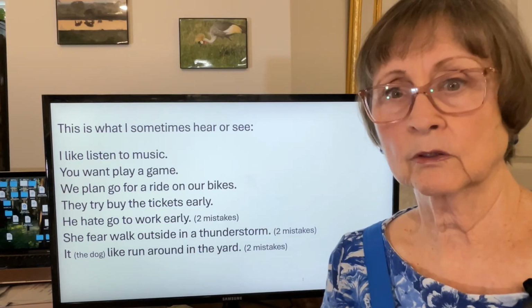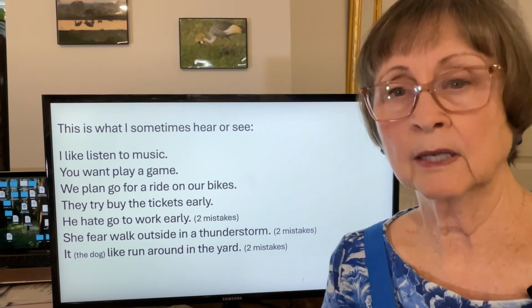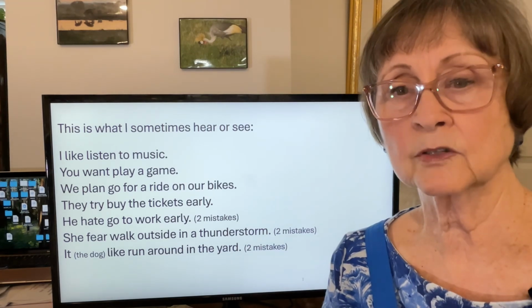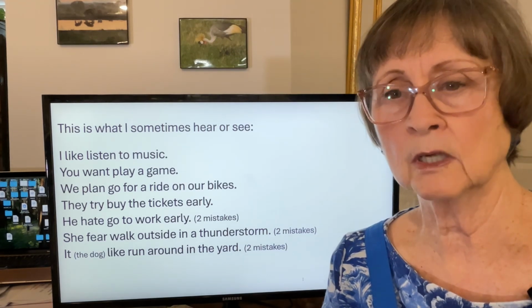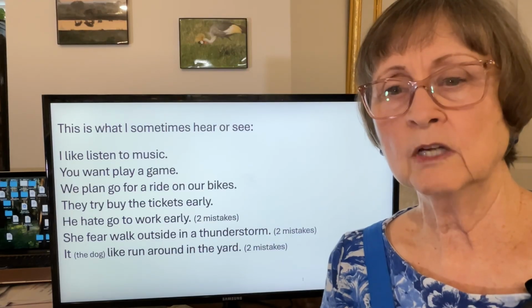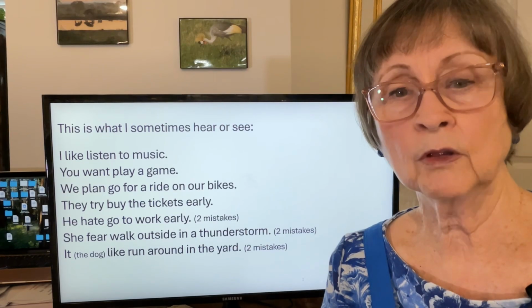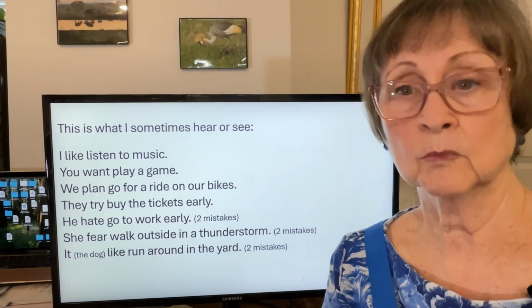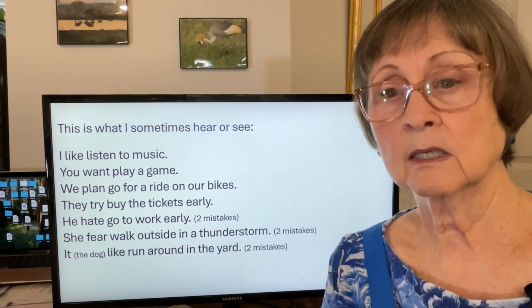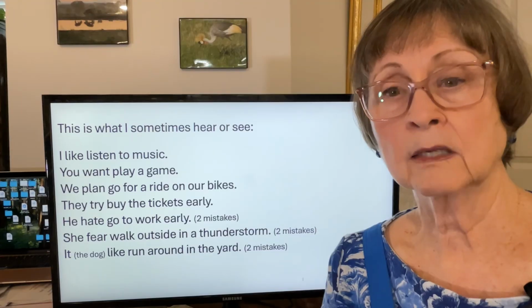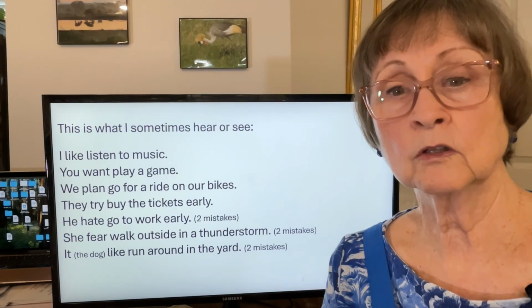He hates go to work early. And there are actually two mistakes in that sentence because of the he, she, it rule. She fear walk outside in a thunderstorm. Again, two mistakes. It, the dog, like run around in the yard.